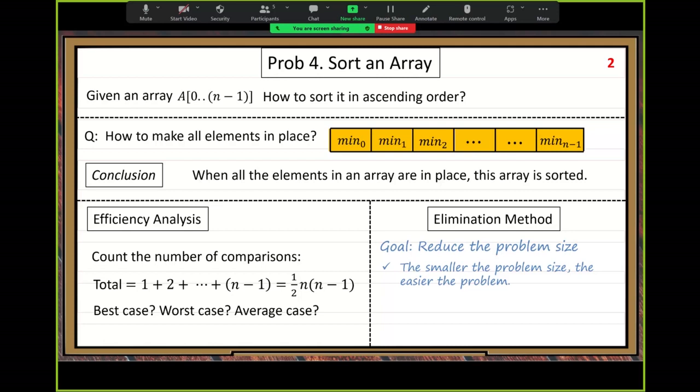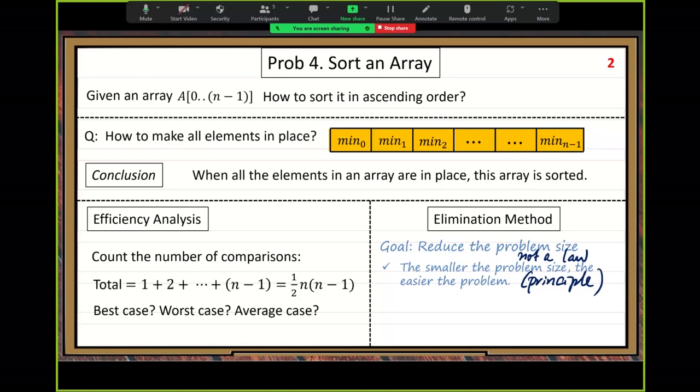Then I want to explain the exception. Here, let me put it here: we use this as a principle. It's not a law. If it were a law, it must be 100% correct.